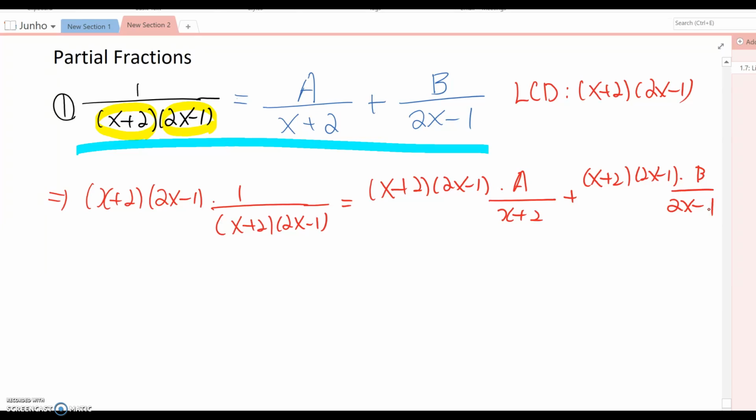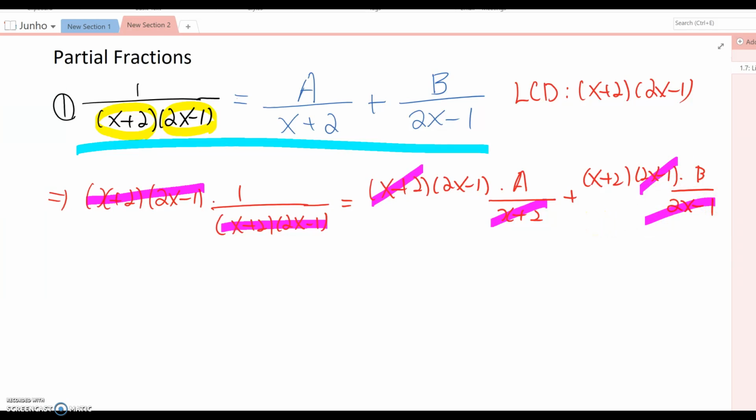Okay, so now simplify any common factor between numerator and denominator. As you see, all these cancel out. The second term, x plus 2 cancels out. Third term, 2x minus 1 cancels out.